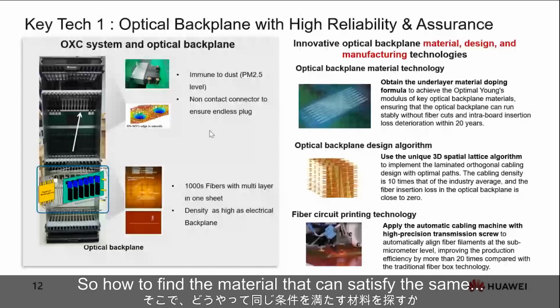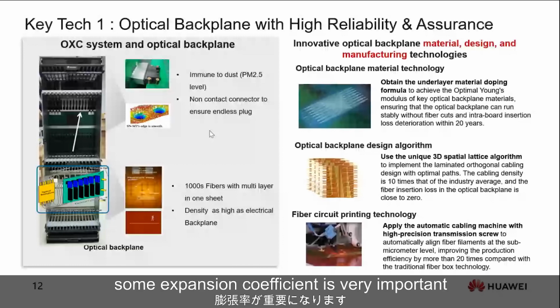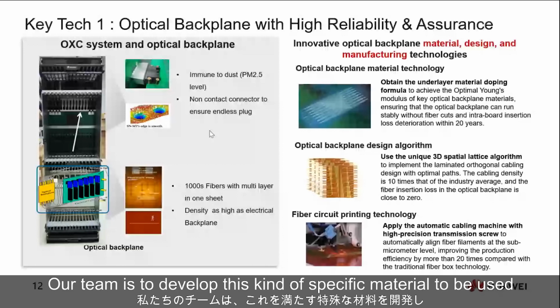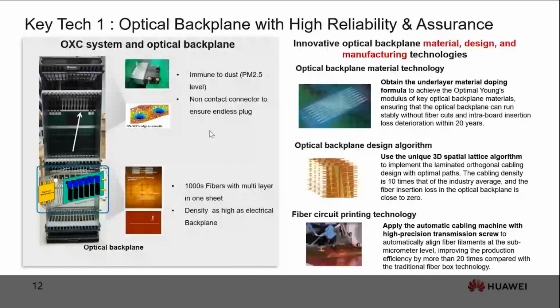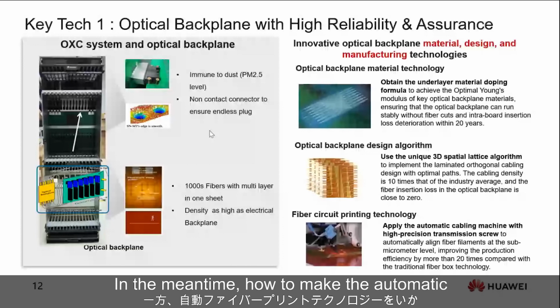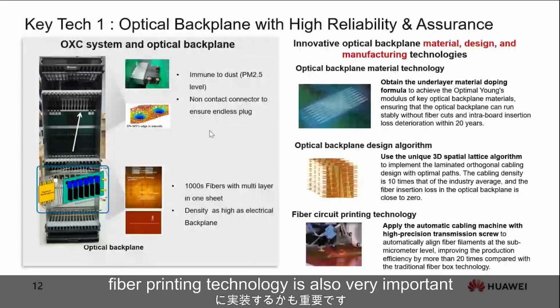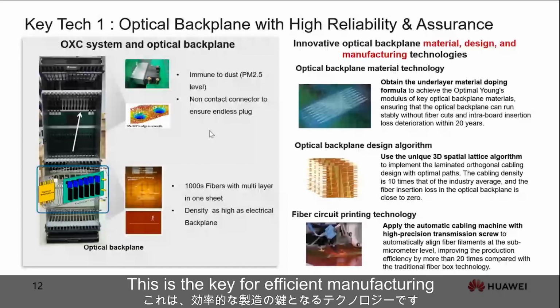So finding a material that satisfies the same thermal expansion coefficient is very important. Our team developed this kind of specific material for use in the optical connector and also the fiber tails. In the meantime, how to make automatic fiber printing technology is also very important. This is the key for efficient manufacturing.